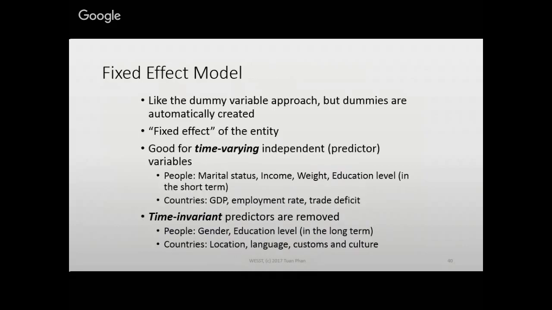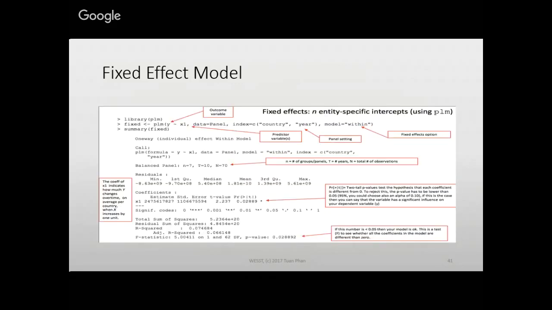Okay, so that's great. The dummy variable approach is great, but it's a little bit cumbersome. The fixed effect is essentially the same thing, but doing it automatically for you. It creates a dummy variable for each group, so the time invariant predictors are not reported, for simplicity's sake. If we run that, these are the code results.